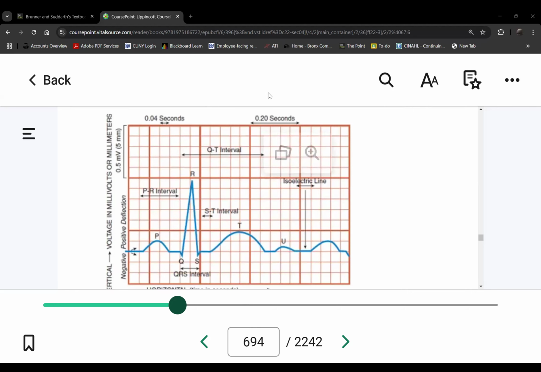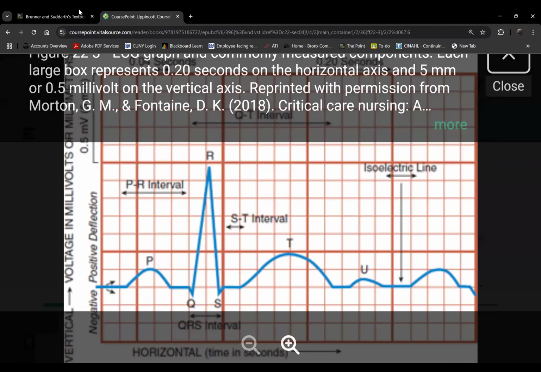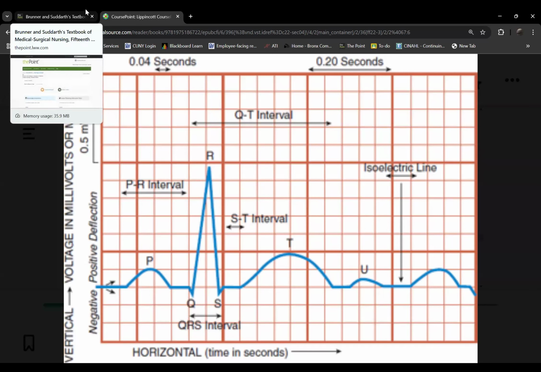If you count one big box, there are 25 small boxes in there: 5 times 5. So that's 25. That's the vertical axis, millivolts. One big box is 0.5 millivolts.